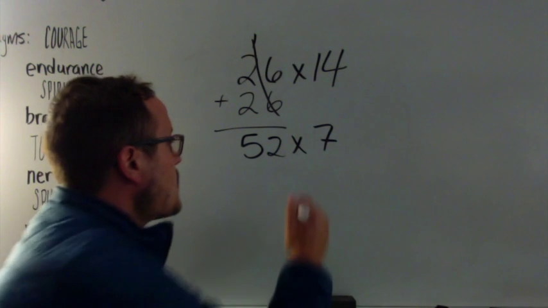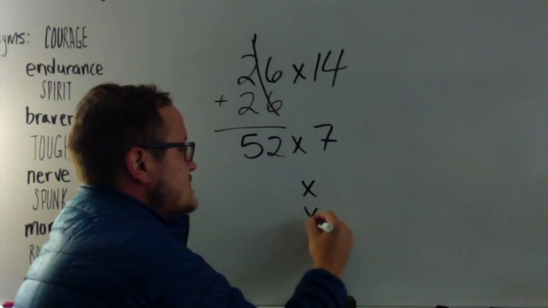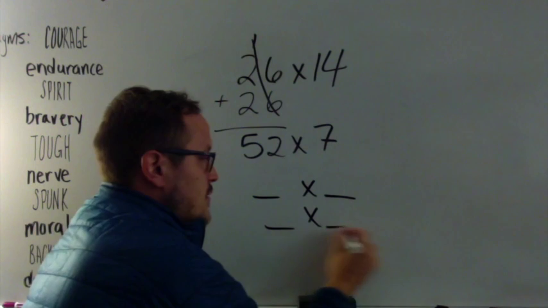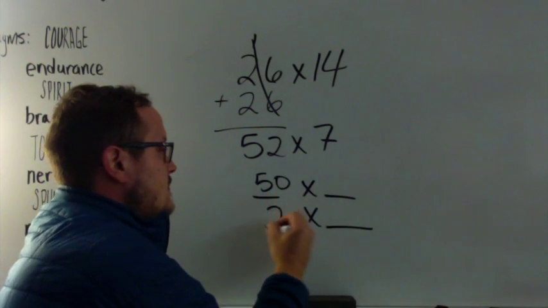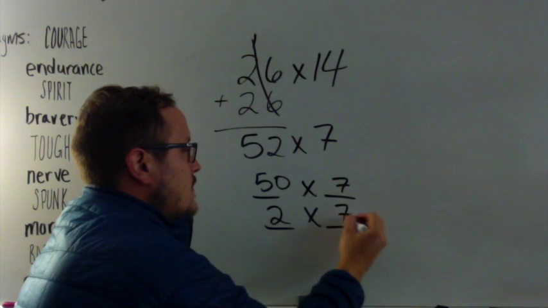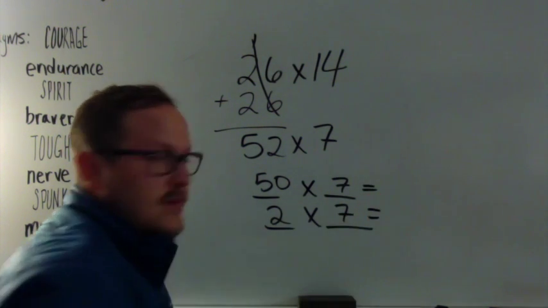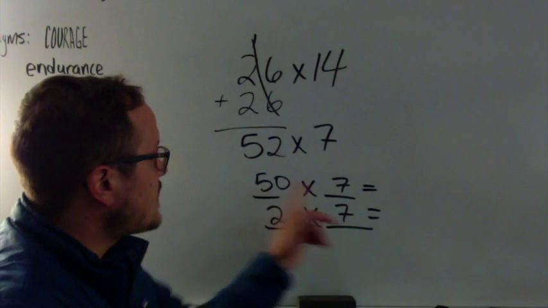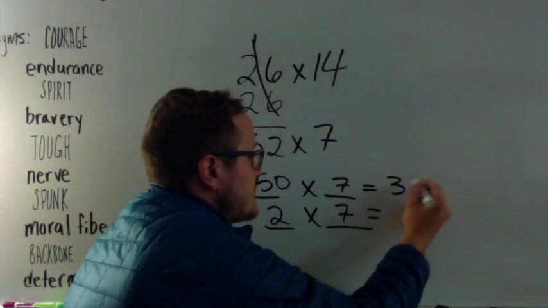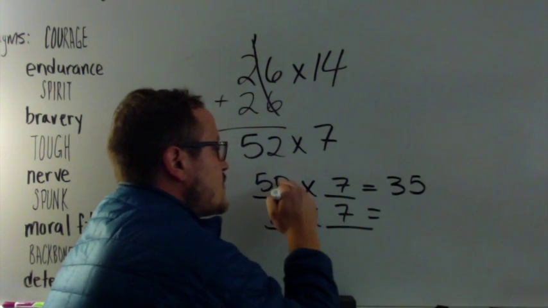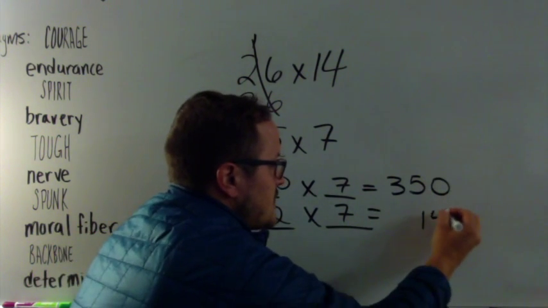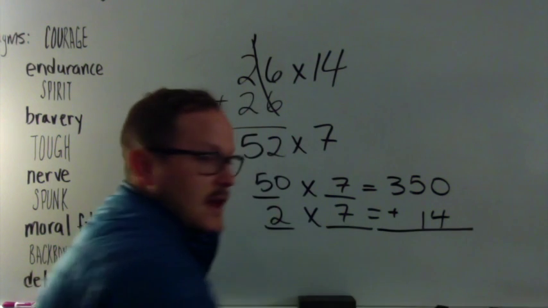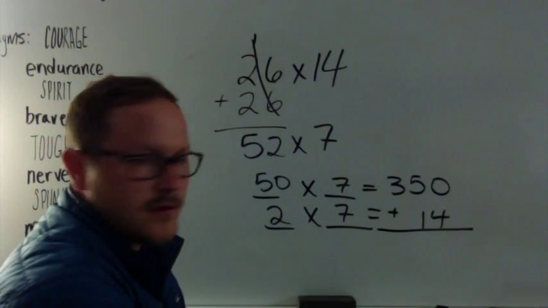52 times 7 will break up as 2 partial products, and we know it to be 50 and 2, both being multiplied by 7. And 5 times 7 is nice and easy, 35, making sure to add that 0. 2 times 7 gives me 14, and if I don't run out of room, I'll be good.